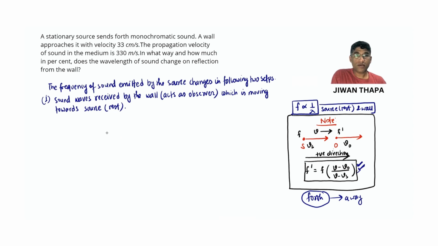Let me draw this. We have source at rest, so the velocity of source Vs is 0, and let the source emit sound of frequency f, and we have the wall, which is acting like observer.